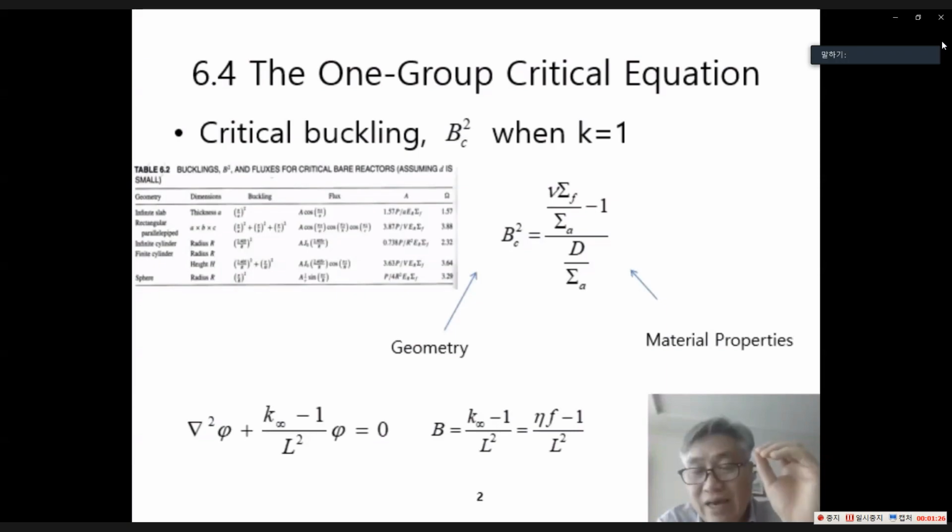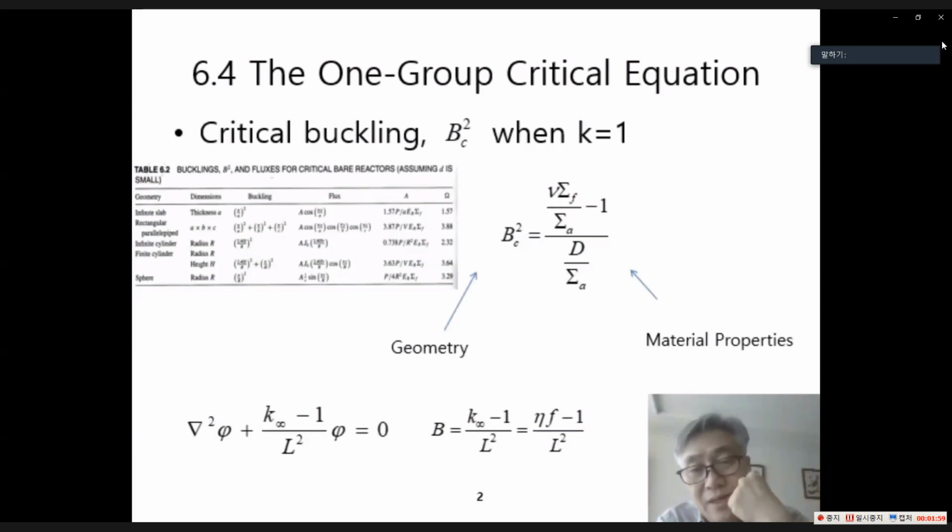Sigma_f is the number density of fuel multiplied by the microscopic cross-section for fission. And sigma_a is the number density and absorption cross-section, and D is the diffusion coefficient. That means the right-hand side is determined only by material property. So when we know the number density and material, then we can calculate the right-hand side.